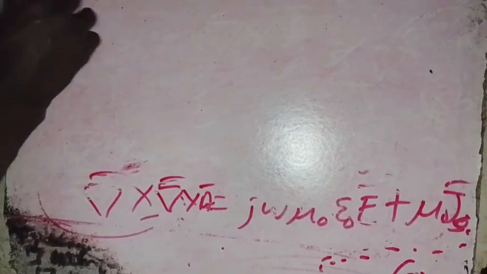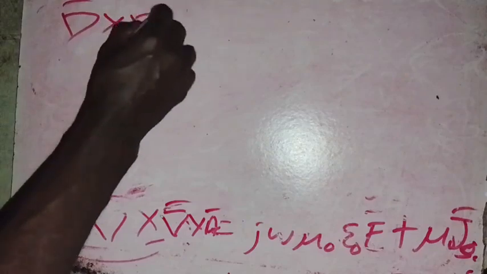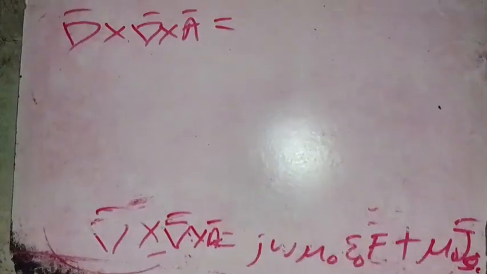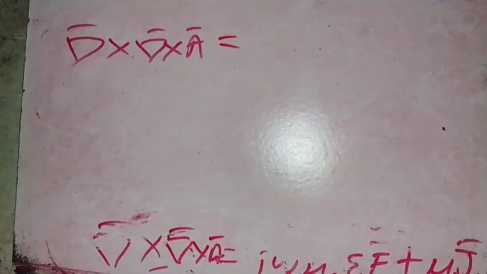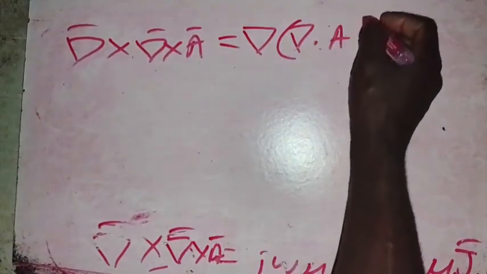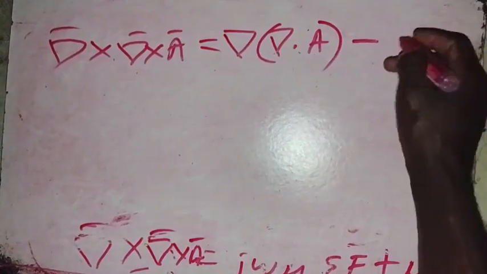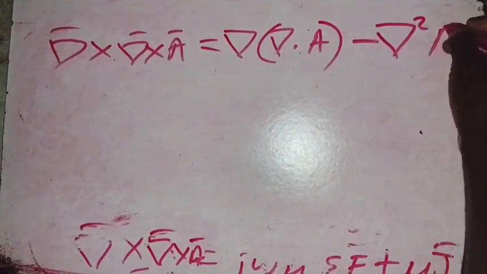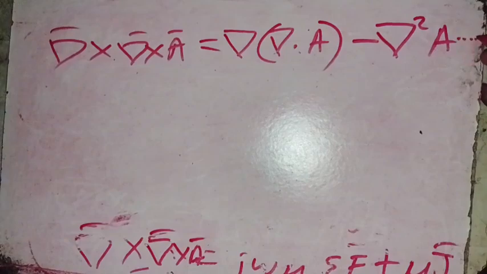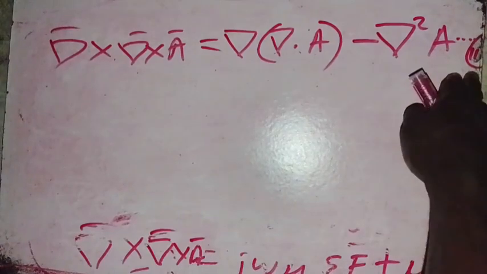Here we have the curl of the curl of a vector field is equal to the gradient of the divergence of the same field, subtracted by the Laplacian of the field. This is an equation which has already been derived years ago. So we just write the same equation and call it equation 11.